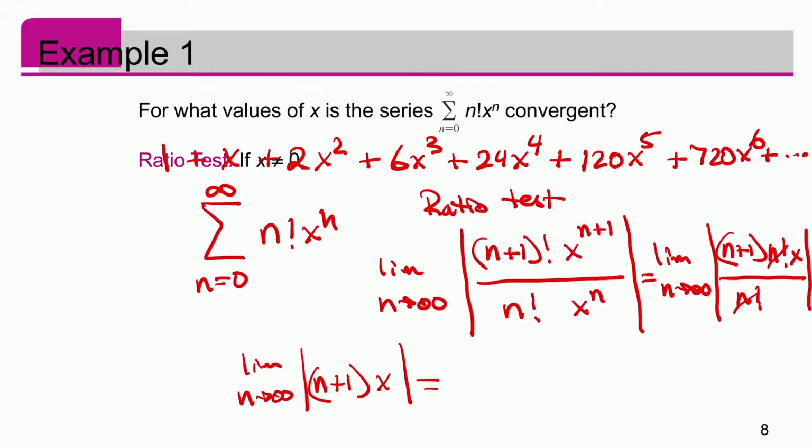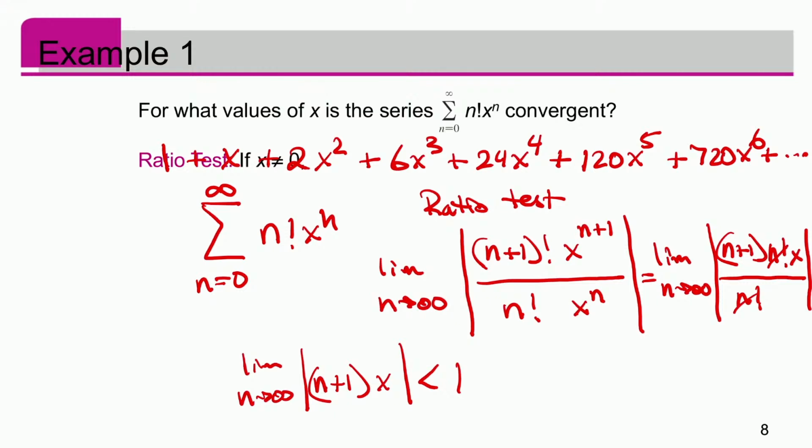Now, you could do this limit, but I'm interested in what values of x will make this converge. So essentially, instead of putting an equal sign there, I'm going to put less than 1. And then I'll ask you, can you think of any values of x that will make that statement true?